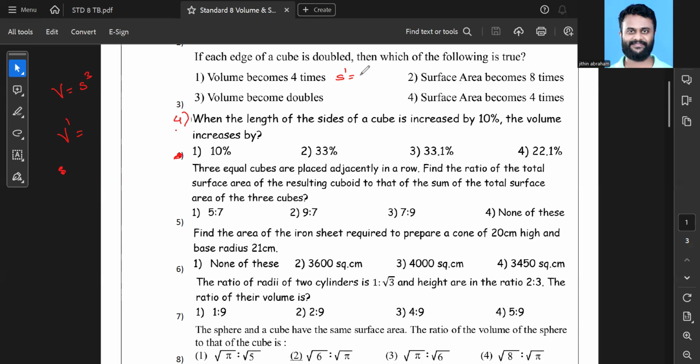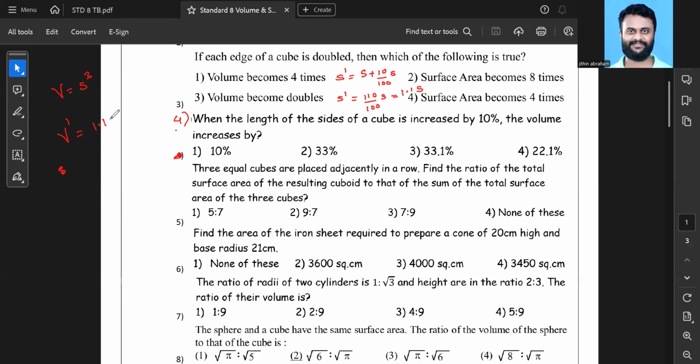So S dash will be 10% more as compared to the initial one. So the initial side plus 10% of the initial side, that gives you 110% of initial side. And in decimal, it gives you 1.1 side, S dash.